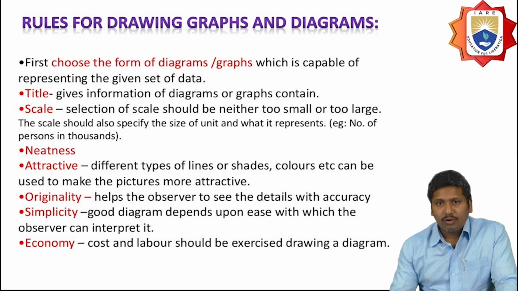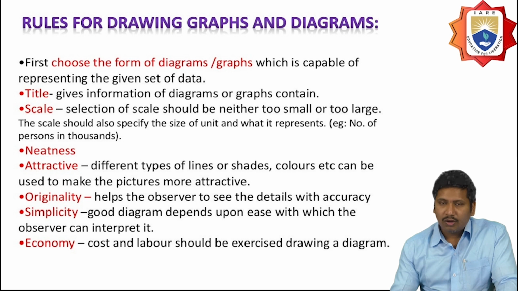For a simple application, I can represent a bar diagram, and I can also represent the same thing in a multiple bar diagram. That means instead of representing two simple bar diagrams, I can represent them in a single diagram, which would be a multiple bar diagram.